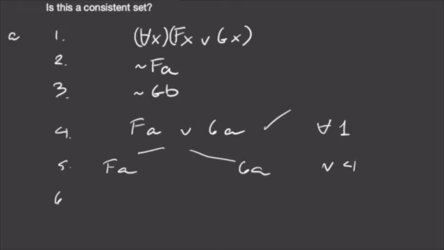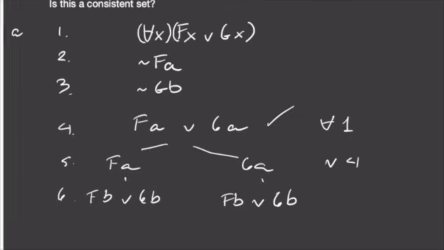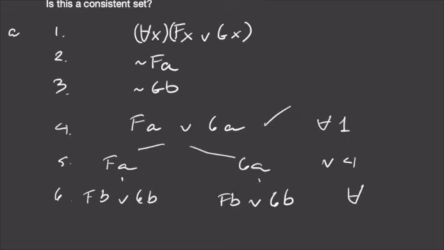I have to do it for all the branches that are available. So here on the left one, I'm going to do FB or GB. And then here I'm also going to do FB or GB. And this is, again, by the universal on 1.